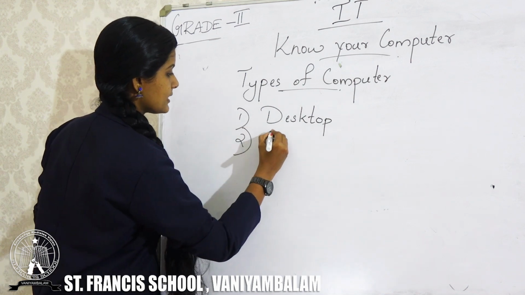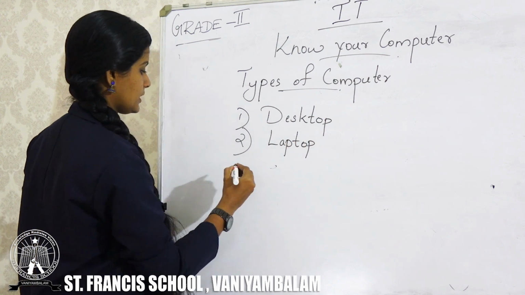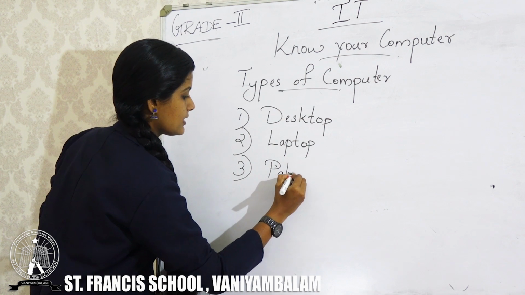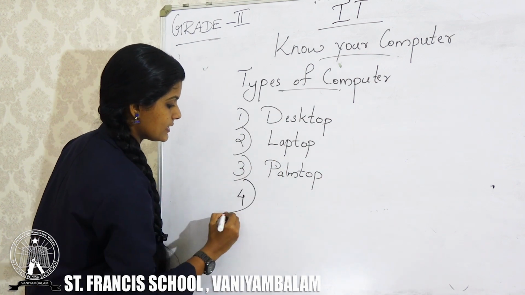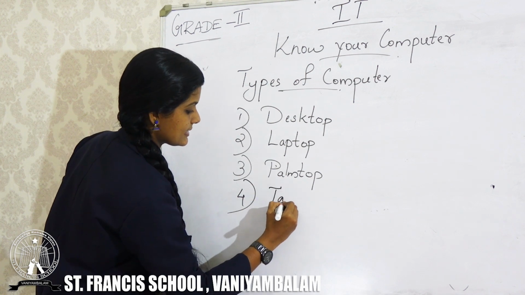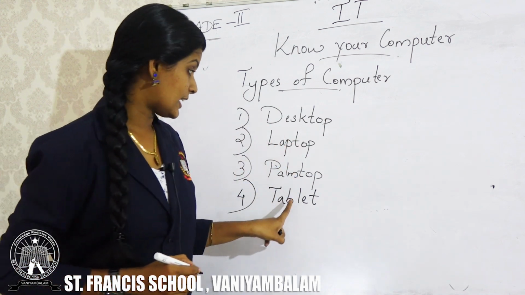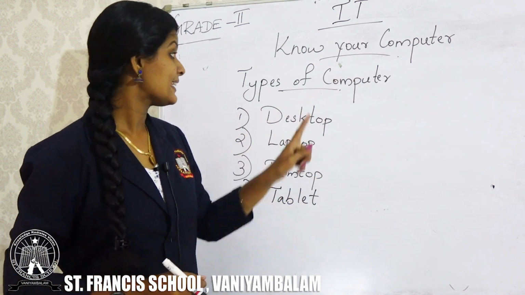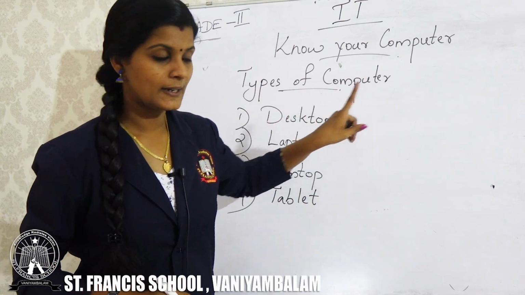Second one is laptop. Third one is palm top. And the fourth one is tablet. So these are the 4 types of computer.